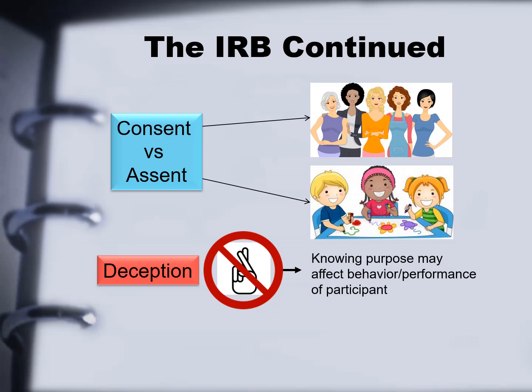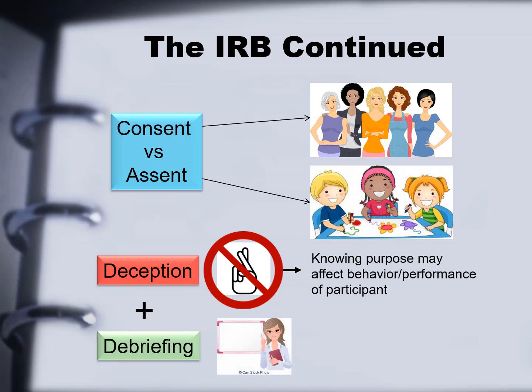But one key thing that has to happen if deception is used is that there has to be a debriefing. That generally just means that the researcher at some point has to tell the participant what they weren't told in the beginning. This can happen immediately after participation in the study, or after the study concludes.